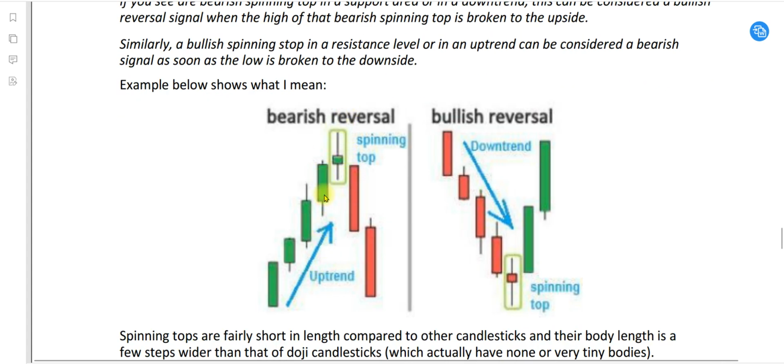If you look at this spinning top, we were actually buying strongly, but here it is telling us that the strength of the buyers has actually reduced. The sellers are coming in and there is indecision, so it may actually be signaling that we are ready to sell. And you can see that the next candlesticks that formed are very, very big bearish candlesticks.